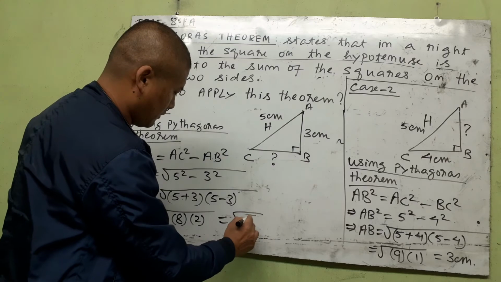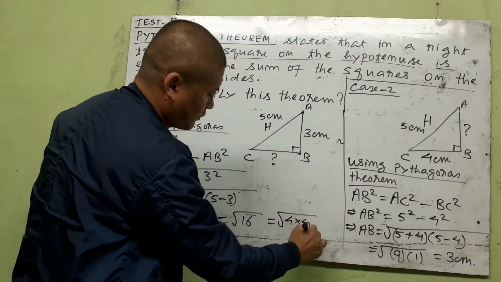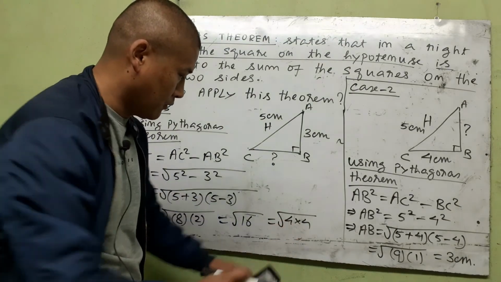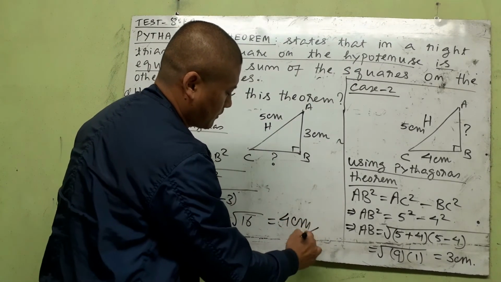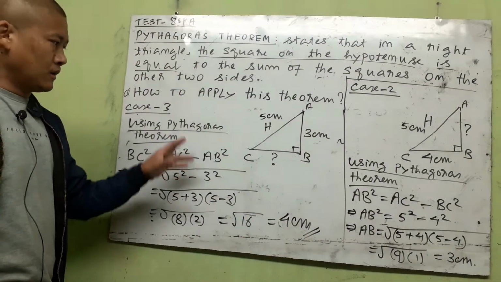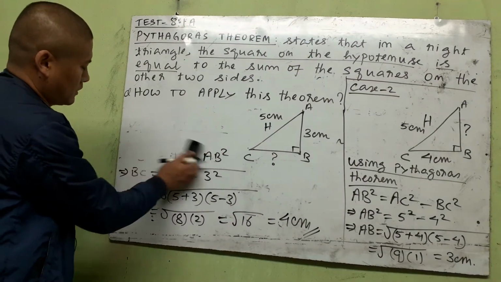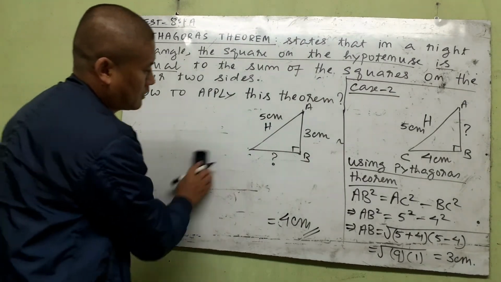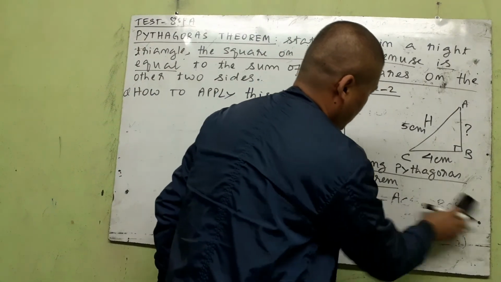So root over 8 2s are 16, and we know 16 is 4 2 times. So the double 4 will come out as, simply you can just write directly, 4 centimeters. Okay, so the 3 cases. Just to sum up case 1, 2, and 3, let us do like this once. Finally, that is how you apply the Pythagoras theorem.